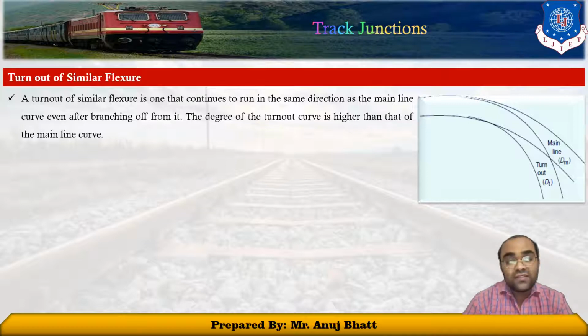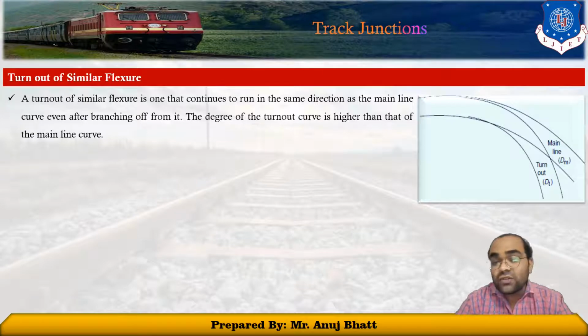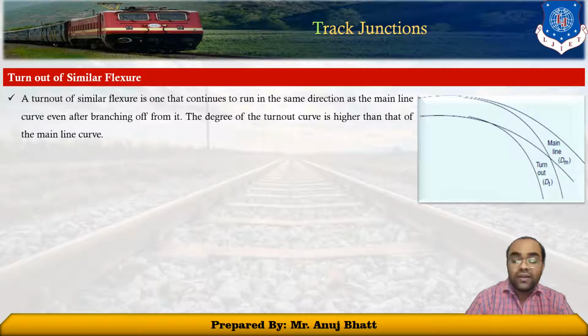Here you can see in this figure the second turnout, or second branch line, is also in the same direction as the main line, just at another degree. The degree of this turnout curve is higher than that of the main curve. At such locations, this kind of turnout or track junction should be provided.